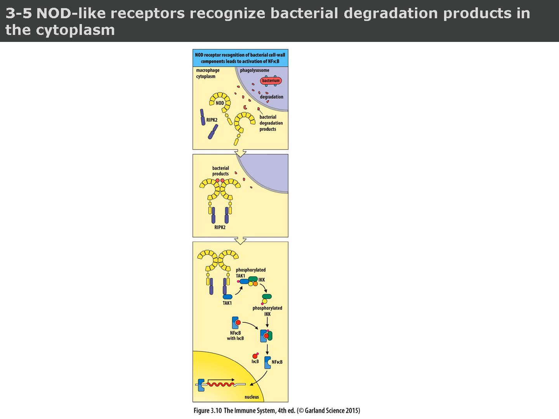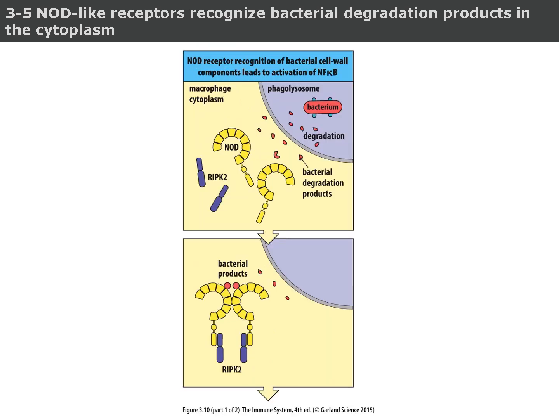This complex then modifies a protein that normally holds back a powerful transcription factor, nuclear factor kappa B. Once freed, this transcription factor enters the cell's nucleus and turns on genes responsible for initiating inflammation. This process helps the immune system respond more effectively to invading bacteria.